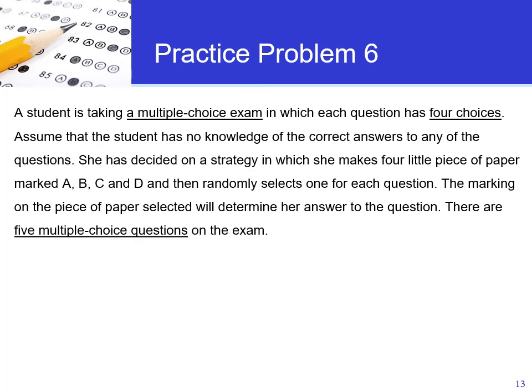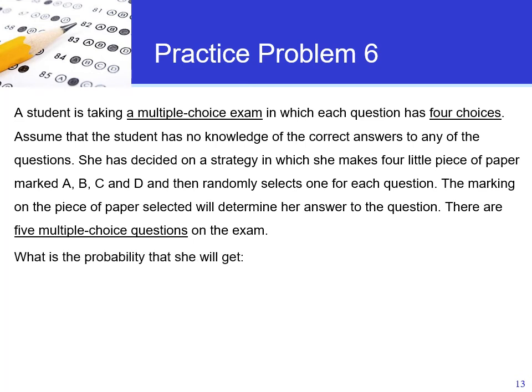This is like an experiment where she picks an answer to a multiple choice question randomly, with no knowledge about any of the choices. The marking on the piece of paper selected will determine her answer to the question. There are 5 multiple choice questions on the exam.